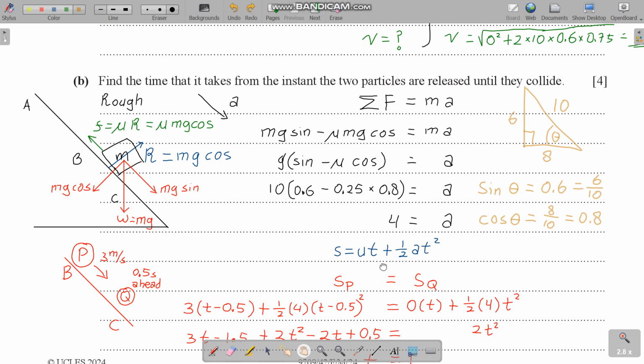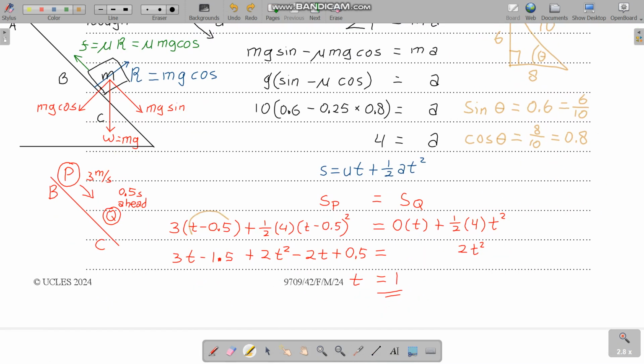For P we use t minus 0.5, for Q we use t, and the initial velocity of P is 3, the initial velocity of Q is 0, and the acceleration is the same, which is 4 during the rough slope.